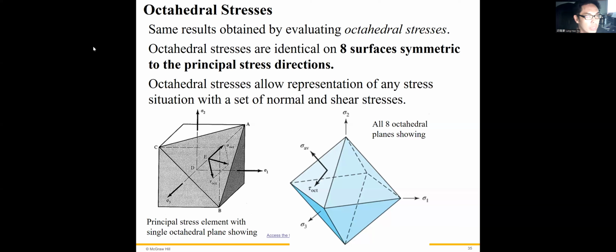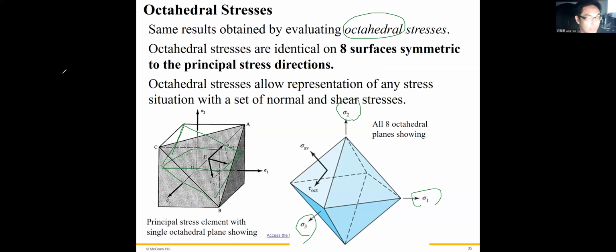Also, we can cut this element in an octahedral shape, but not this triangle shape. We can cut the small 3D element into a tetrahedral shape, and it's still under the 3 principal stresses.